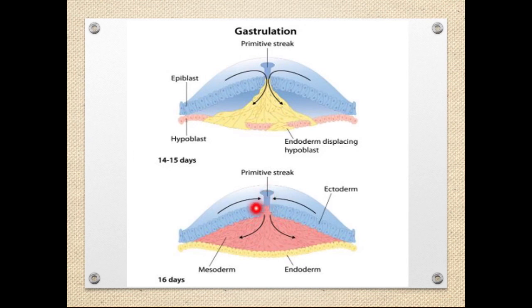This is the primitive streak, this is the ectoderm, this in-between reddish color is the mesoderm, and the yellow one is the endoderm. Within 2 days after gastrulation begins, this is the 16th day.